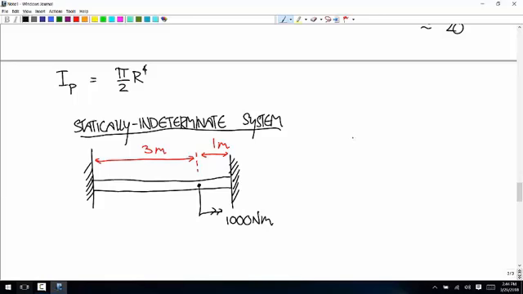And let's say that Young's modulus is 200 times 10 to the 9th. That's steel. Poisson's ratio now we need. And let's say that that's 0.25.